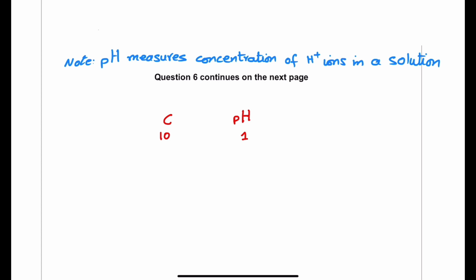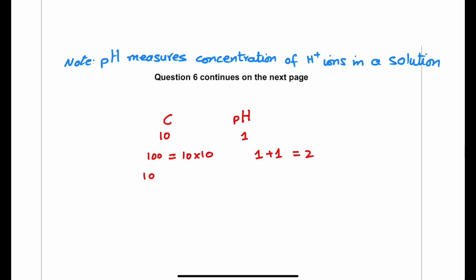If the concentration is 100, 100 means 10 times 10, the pH changes by a factor of 2. 1 plus 1, that is 2.